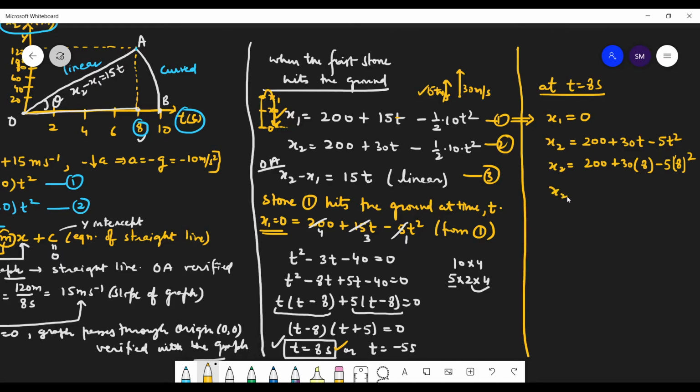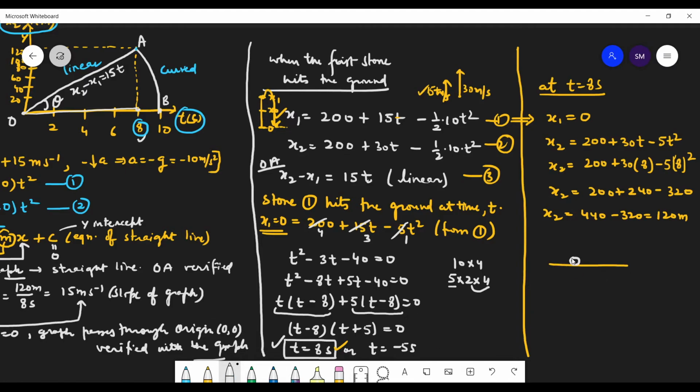So what's this x2, students? 200 plus 240. Come on, calculate this, what this comes out to be. 8 8s are 64 into 5, 320. So x2 will be equal to 440 minus 320, that's equal to 120 meters. So that's the situation at time equals 8 seconds.